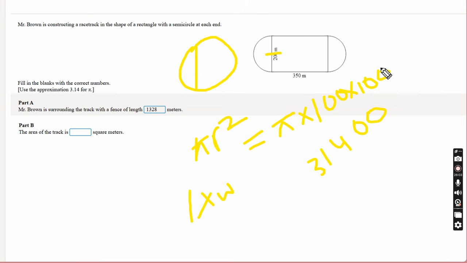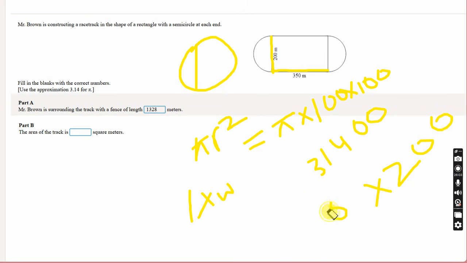The area of a rectangular. So 350 times 200. This one. This is the length, and this is the width, right? This is how you find the area of a rectangle. So 350 times 200, you'll get 70,000.